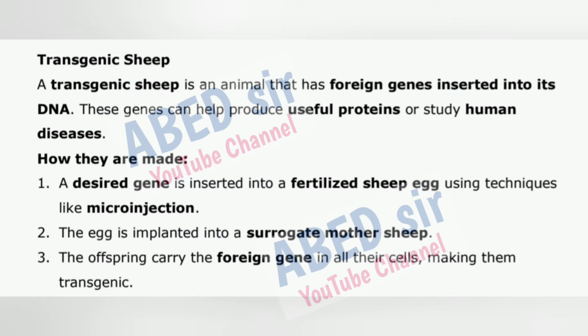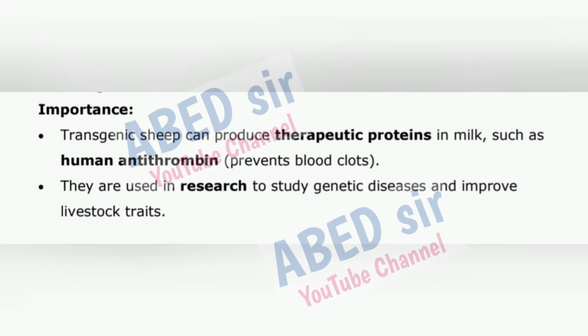The egg is implanted into a surrogate mother sheep. 3. The offspring carry the foreign gene in all their cells, making them transgenic. Importance: transgenic sheep can produce therapeutic proteins in milk, such as human antithrombin, which prevents blood clots. They are used in research to study genetic diseases and improve livestock traits.